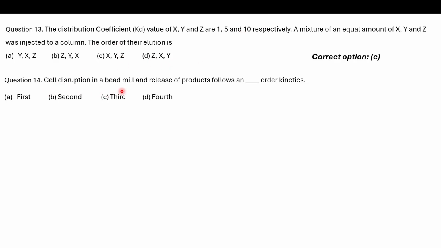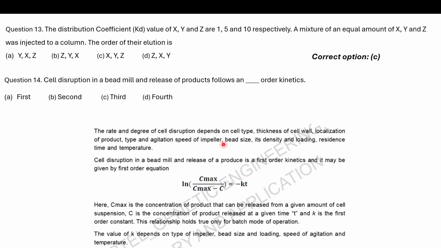Now, cell disruption in a bead mill and release of products follows what kind of order kinetics? Does anyone know this? Yes, it is first order kinetics.